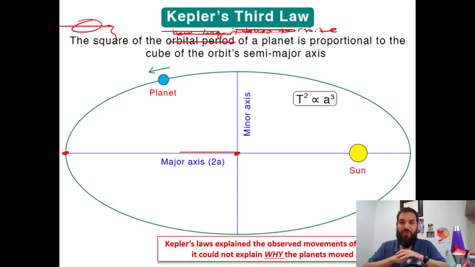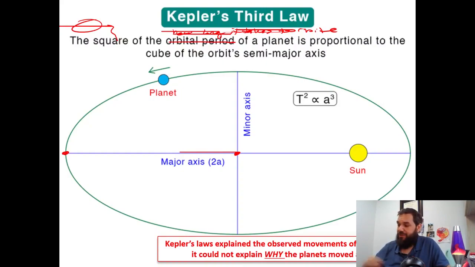That was a huge question, all the way back to Aristotle in ancient Greek times. What makes these things move? They didn't know. And we didn't really have a good explanation for that until Isaac Newton.